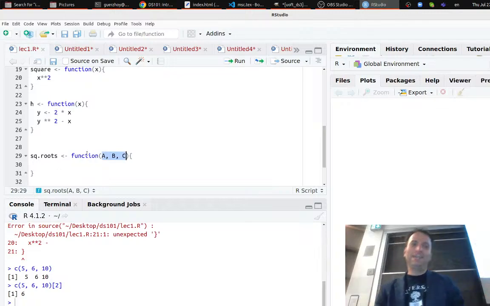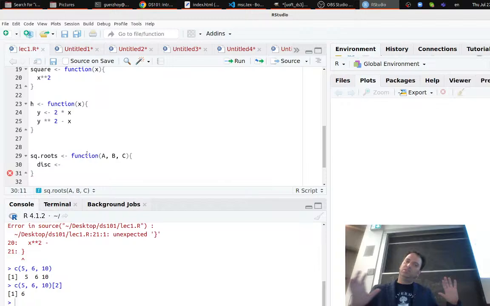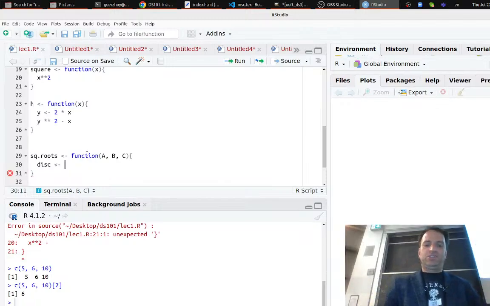So I won't do that. And here I'll compute the discriminant, but I'm not thinking about it like that. I'm just thinking that whenever I say the discriminant, I mean b squared minus 4ac.